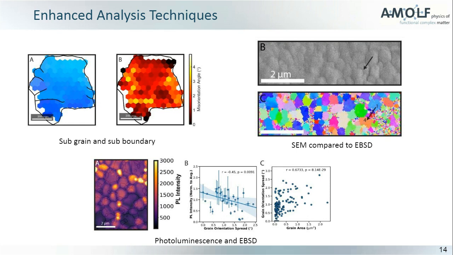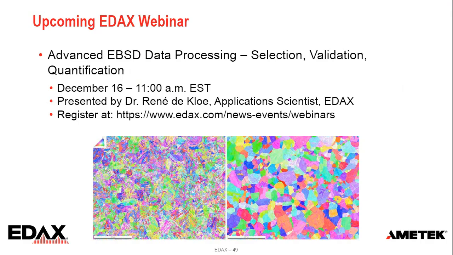So that basically means a larger grain normally has a higher strain, so it leads to a higher non-radiative recombination, which is bad for the material. So this is the work I've done with the EBSD. Thanks.